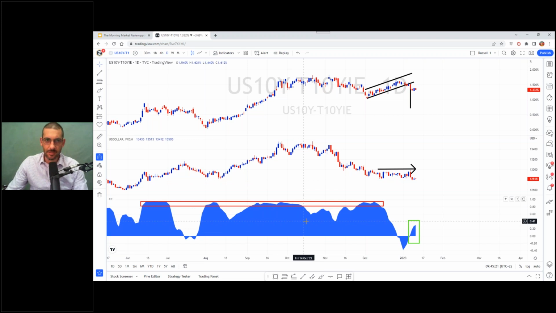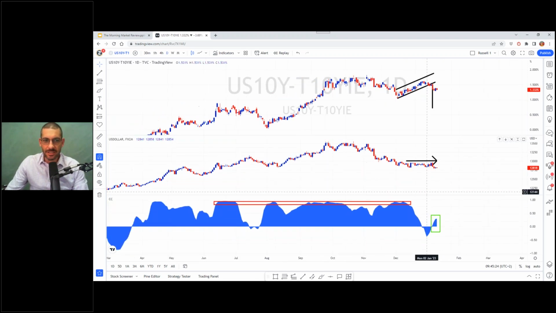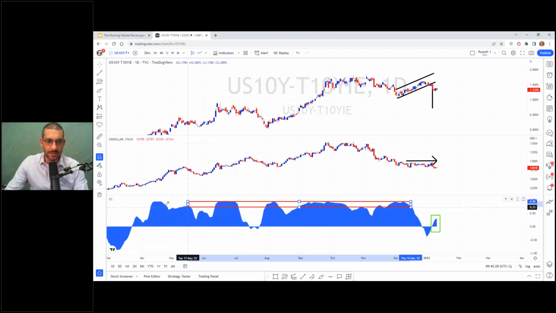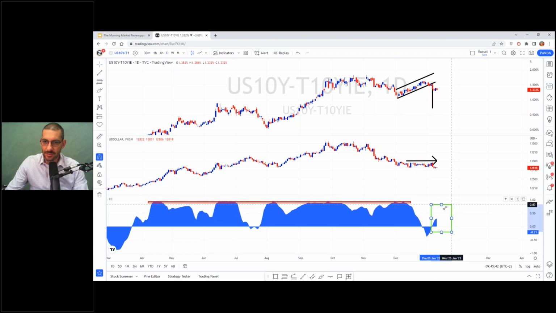What's the correlation coefficient? Well, it's between the real rate and the US dollar. And you can see that for most of 2022, the correlation was extremely robust. It broke down towards the end of 2022, but it looks to be rebuilding as we start off 2023.